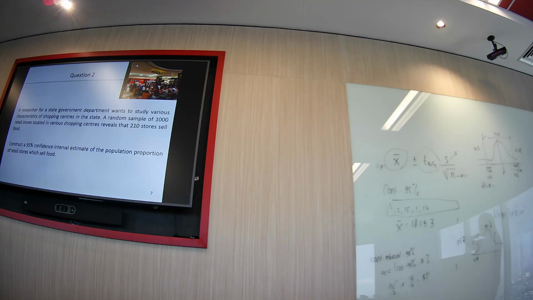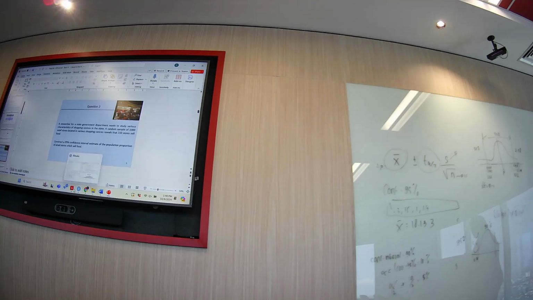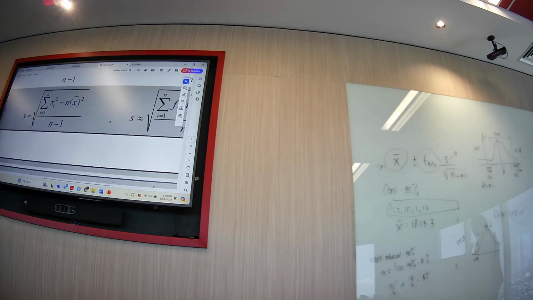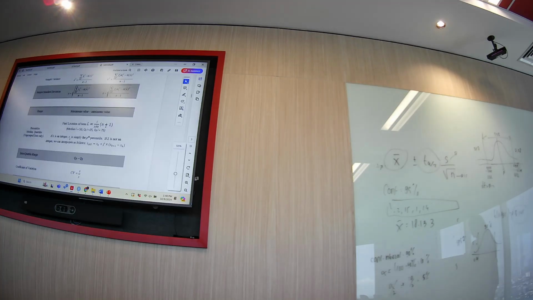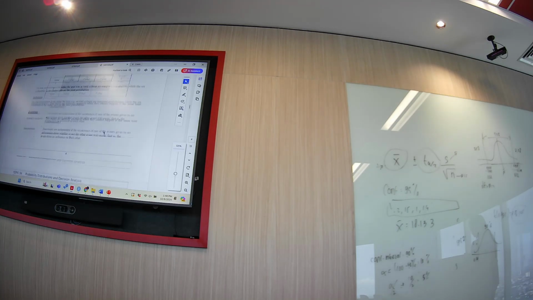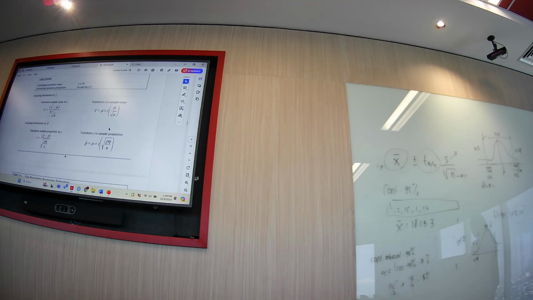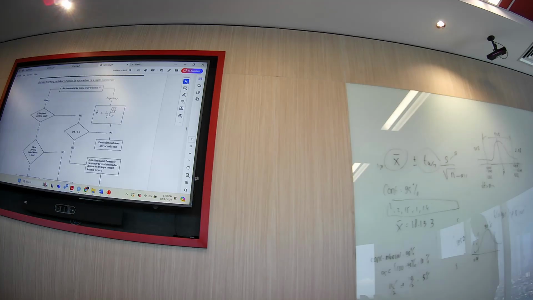sell food. So this one is not dealing with the average value, but with the proportion, correct? If you see the decision tree here, the first example we deal with this one, but the second example we deal with this one.